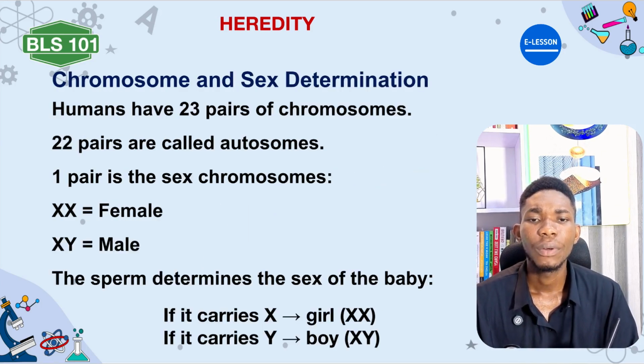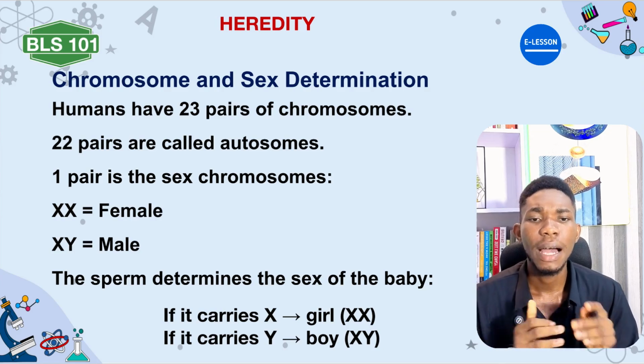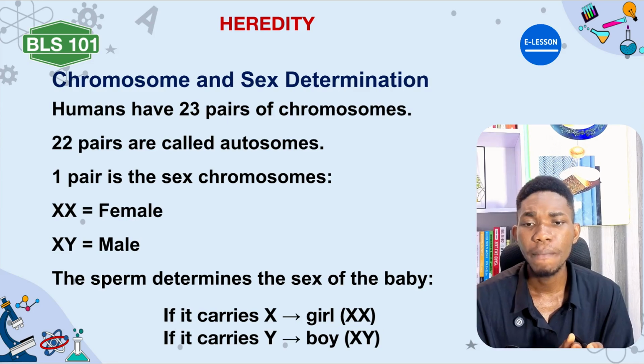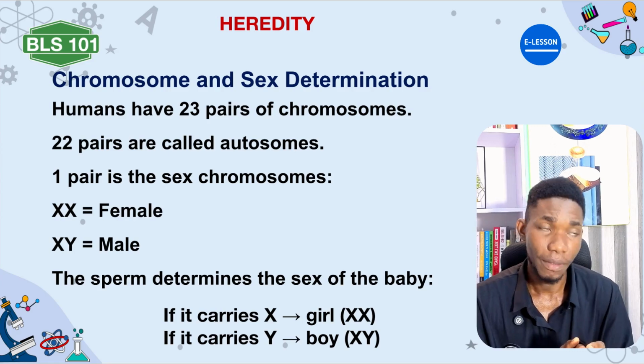All right. Like I said, humans have 23 pairs of chromosomes. 22 pairs are called the autosomes, and one pair is the sex chromosome. For female, we have the pair XX, while for male, we have the pair XY. Now, the sperm determines the sex of a baby.